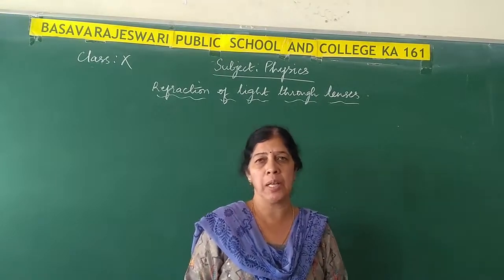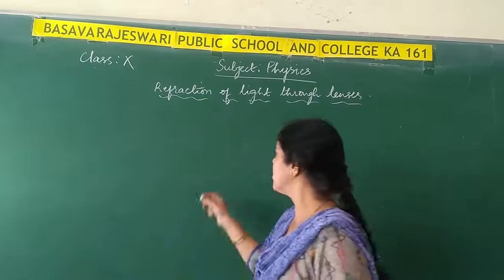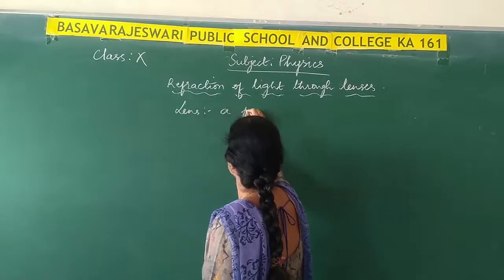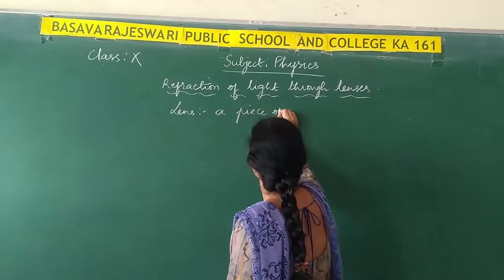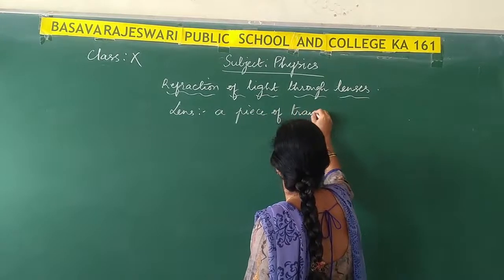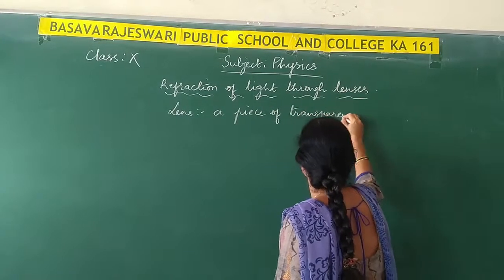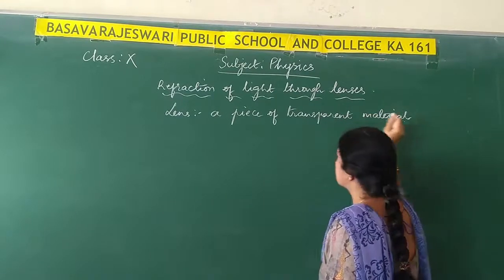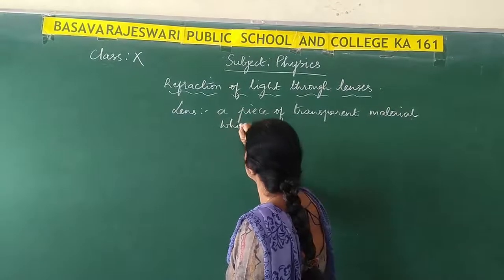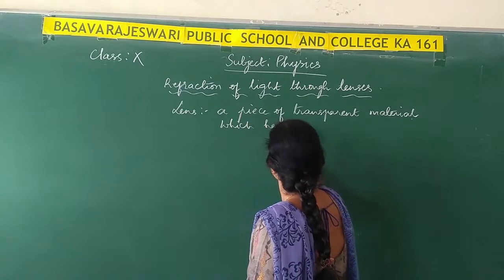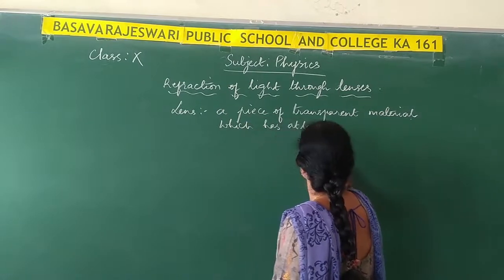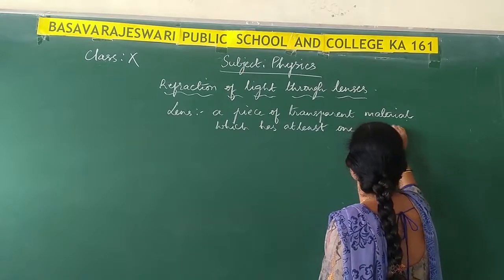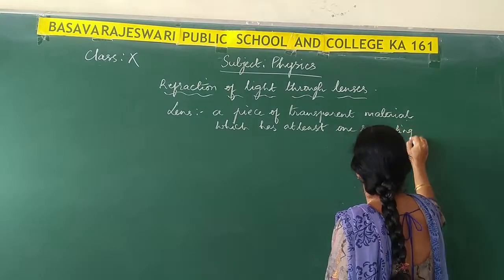Now coming to lens, let us know what is the definition of a lens. A lens is a piece of transparent material which has at least one refracting surface.